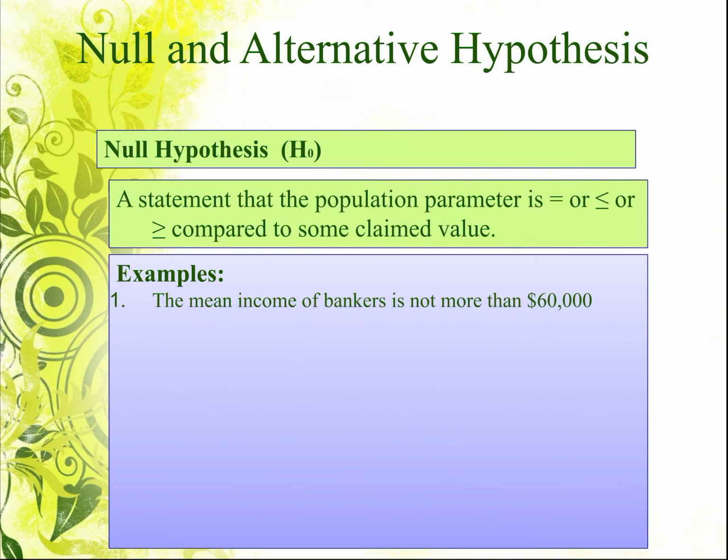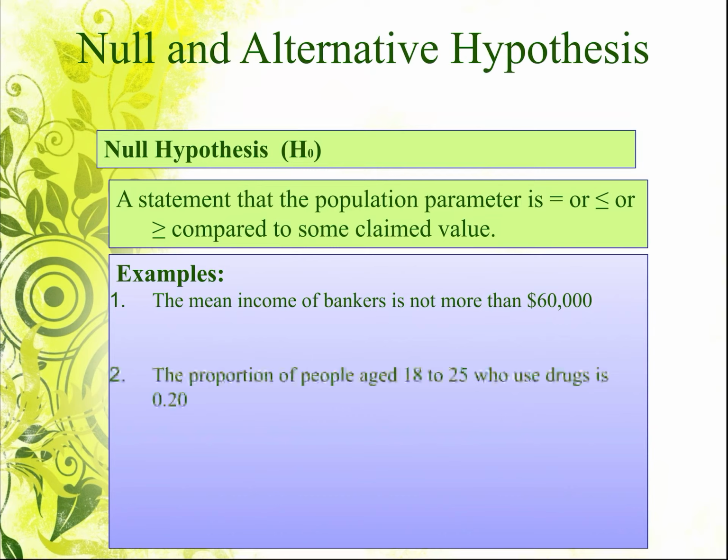So for example, the mean income of bankers is not more than $60,000. That means that it would be, I'll read through the examples and then we'll go back and put the inequalities in.